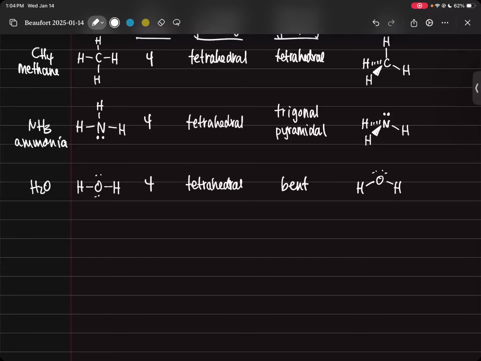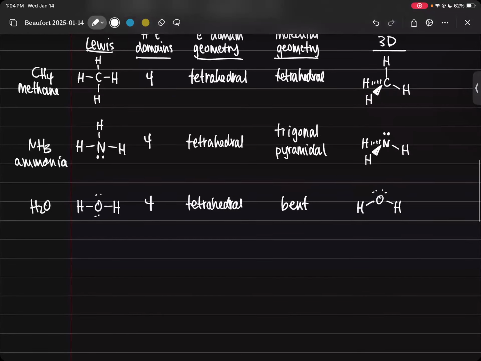And so it looks like that. Or another way I could have done it is to take, right, the electron domain geometry is still tetrahedral. So I can copy and paste our tetrahedral thing here, remove 2 of the hydrogens, make this an oxygen, and put lone pairs there.